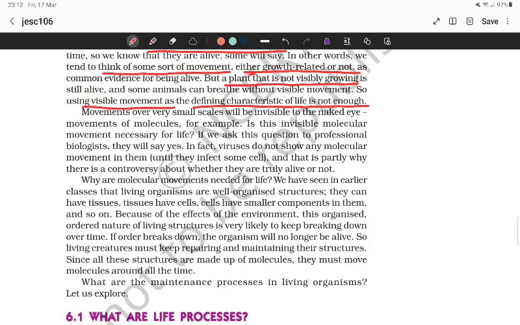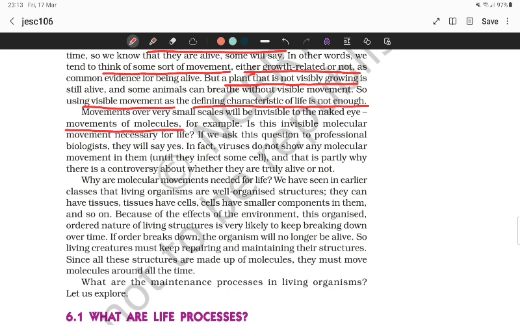Inside the plant there are cells, and inside the cells there must be a lot of movements taking place. The plants have xylem, phloem, and the movement of substances within these cells, the biochemical pathways going on inside the cells. Do these not attribute to being living? The movement of molecules is also necessary for life.